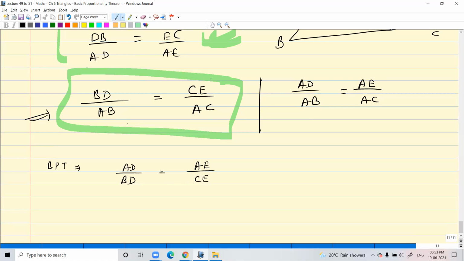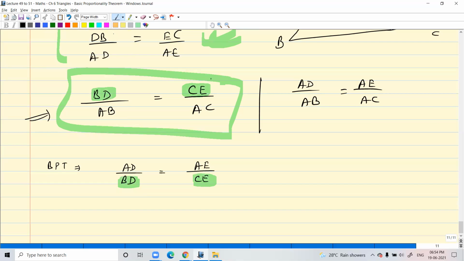Let's call BD as BD itself, not DB. So how can I get from here to here? Anyone has any ideas? Remember one thing, what do you need? You need BD and CE. That has to be there. But instead of AD, I need AB. And then we can reciprocal it later.